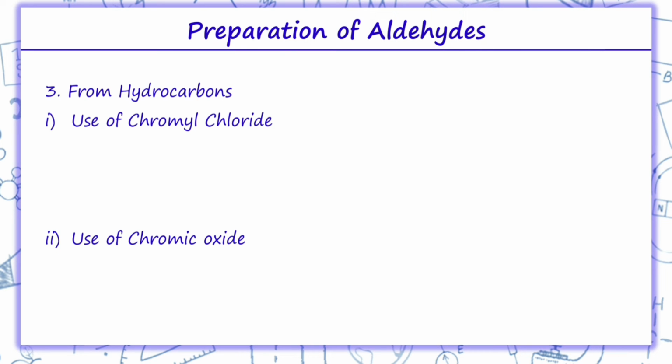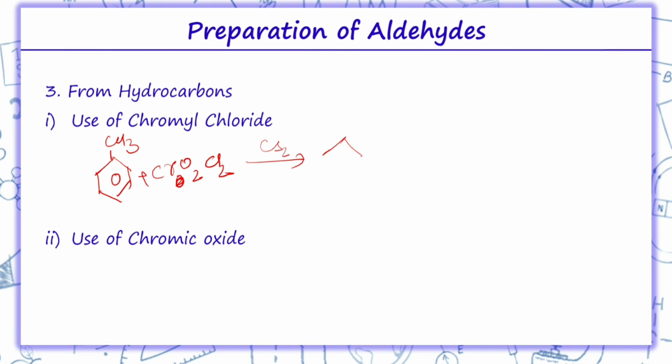From hydrocarbons, the first is oxidation of methyl benzene. So methyl benzene we have, that is toluene. First is by the use of chromyl chloride, which is CrO2Cl2. Chromyl chloride will oxidize the methyl group to a chromium complex.